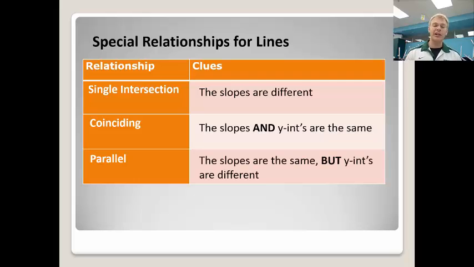And if the lines are going to be parallel, the slopes are going to be the same, but the y-intercepts are going to be different, right? So there we go. That's all the information we need to be able to distinguish what relationships our equations or functions will have if we have them written in slope-intercept form.